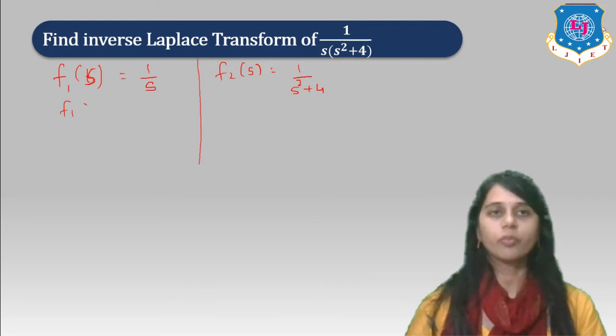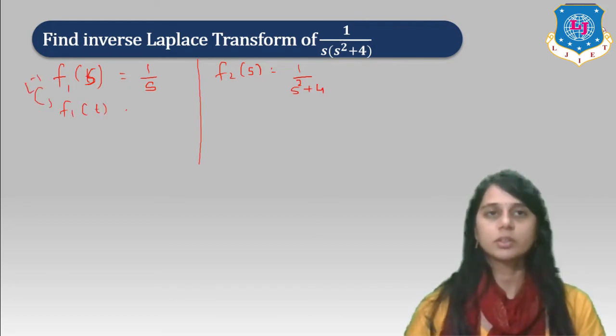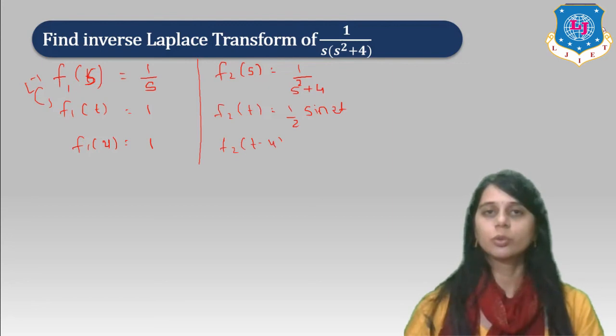Now for f1(t), find the inverse: it is 1. f2(t) is 1 by 2 sin 2t. As per the formula, we take f1(u) as 1 and f2(t minus u), that means 1 upon 2 sin 2(t minus u).